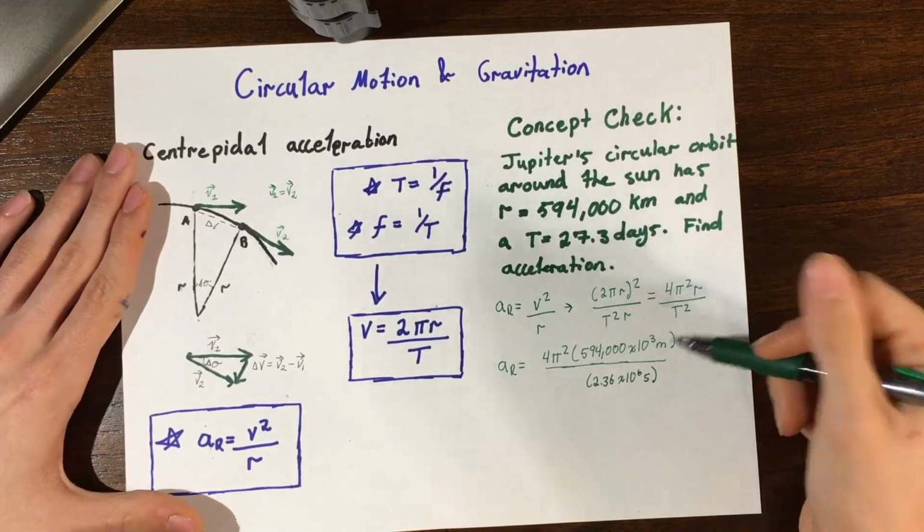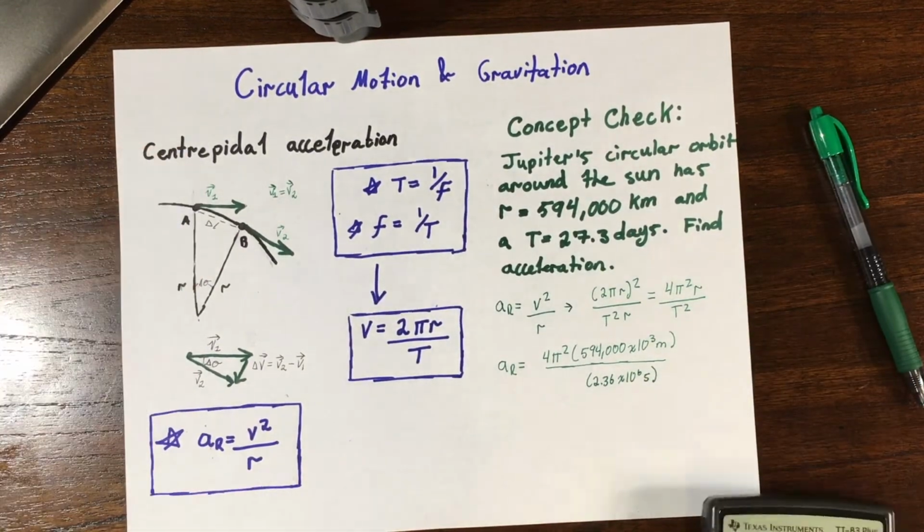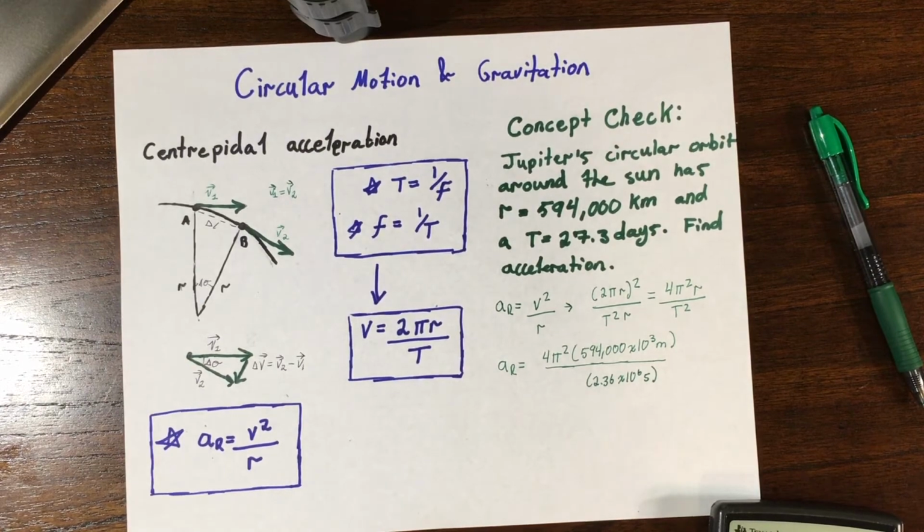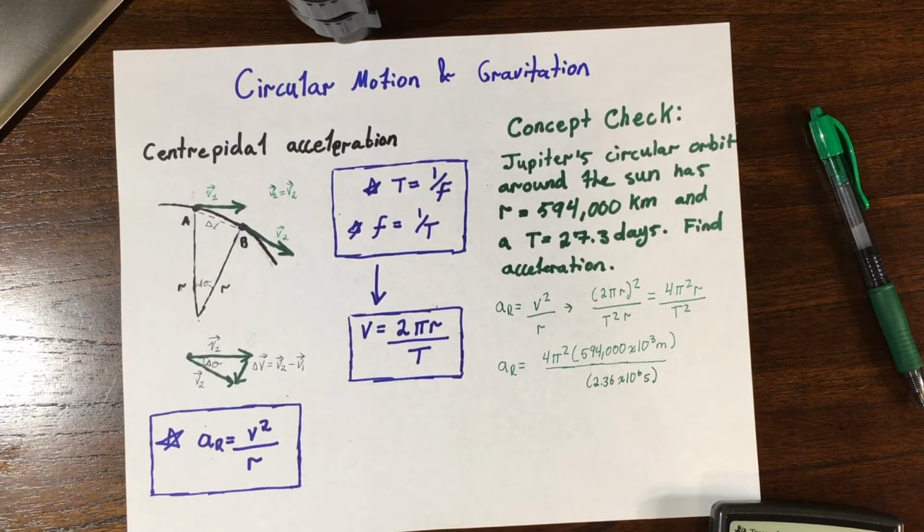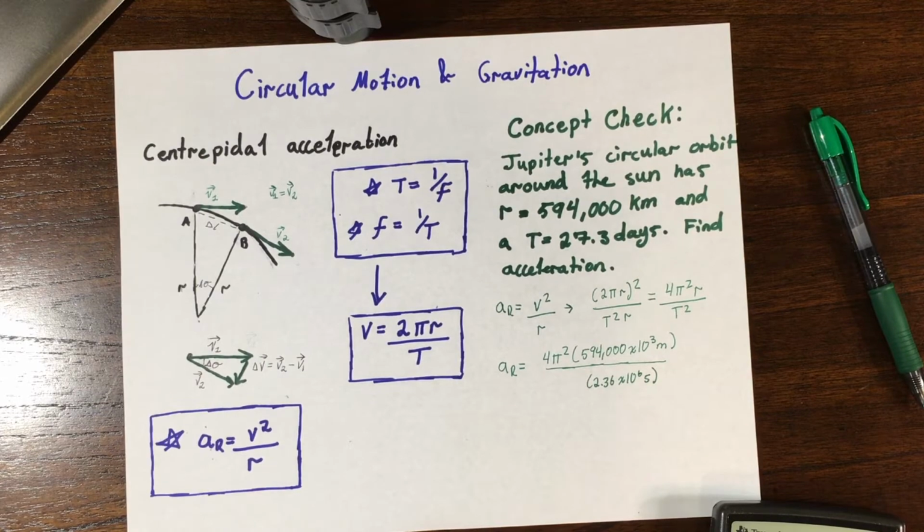Remember, you have to have your correct units. So you plug these values in for pi squared times our 594,000 times 10 to the third meters divided by our 2.36 times 10 to the 6th seconds.